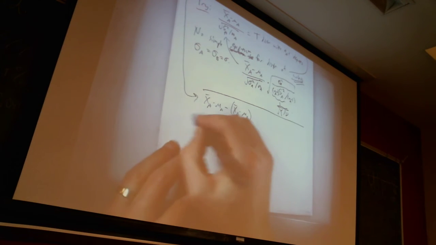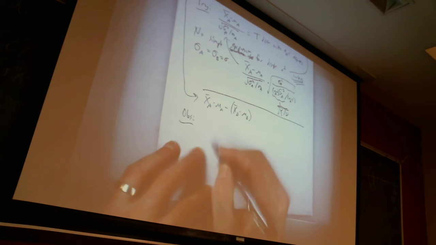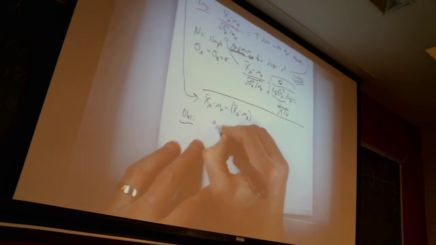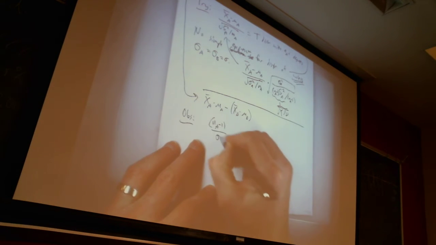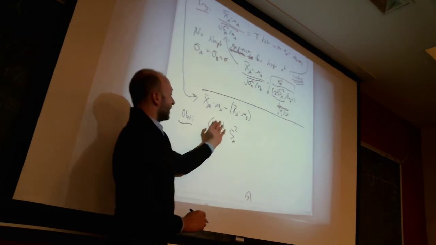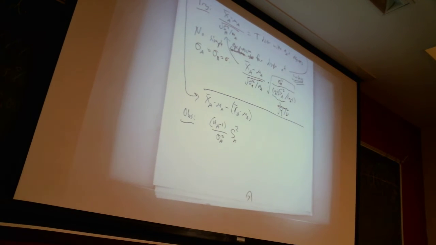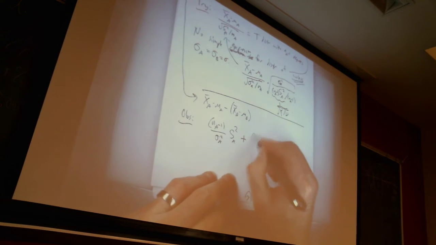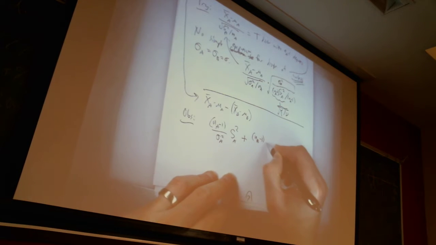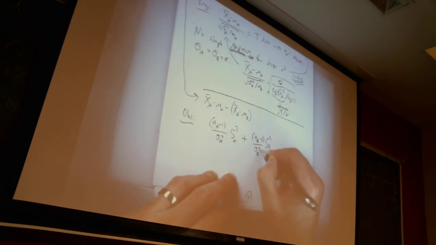Here's the key observation. The observation is that if I take this thing, namely na minus 1 over sigma a squared sa squared, again, this is a chi squared with na minus 1 degrees of freedom, and I add to that nb minus 1 sb squared over sigma b squared.